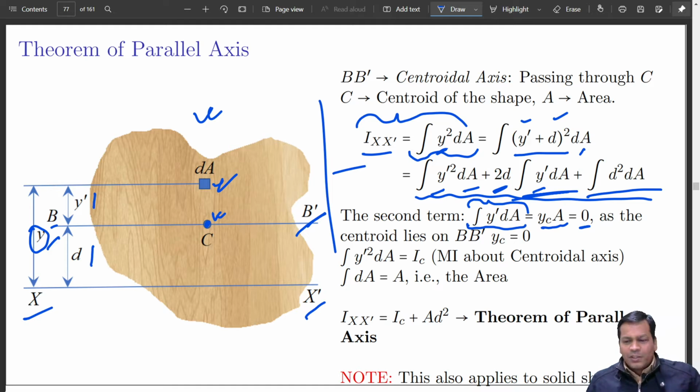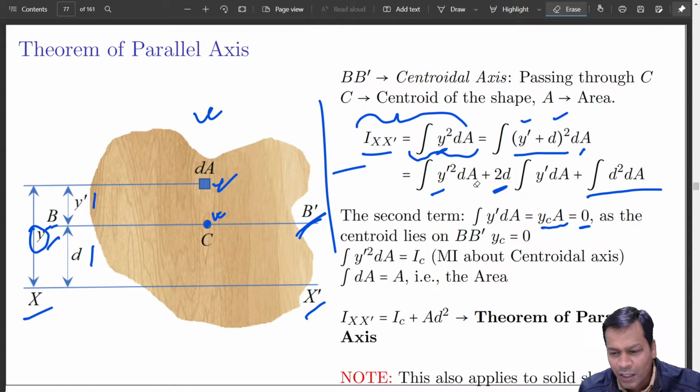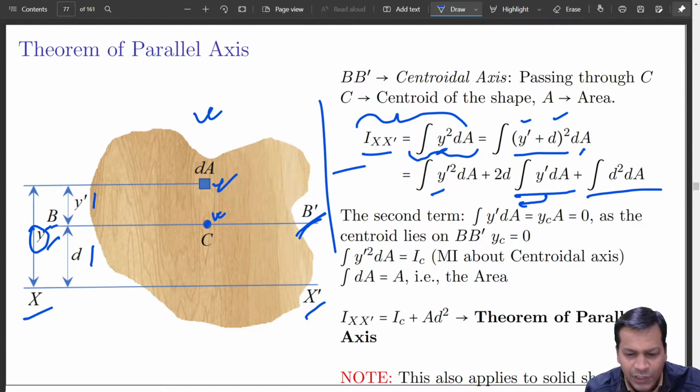So the moment of this area about the axis which passes through the center of gravity is equal to 0. This is the term I am talking about: the moment of area about the centroidal axis is 0.